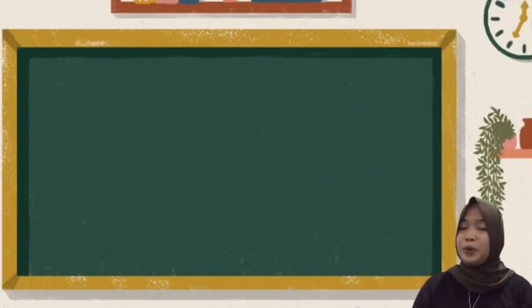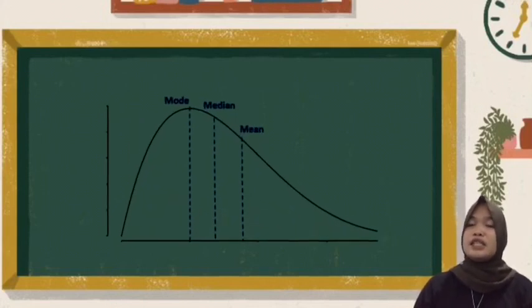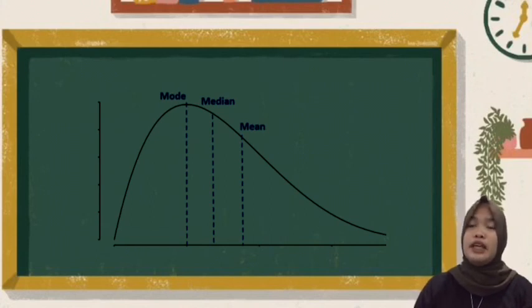Now, in normal distribution, the mean is equal to the median and equal to the mode. Now, how about in positively and negatively skewed? So if the mean is in the middle for the positively skewed, the mode will be in the negatively skewed, doon sa negative.